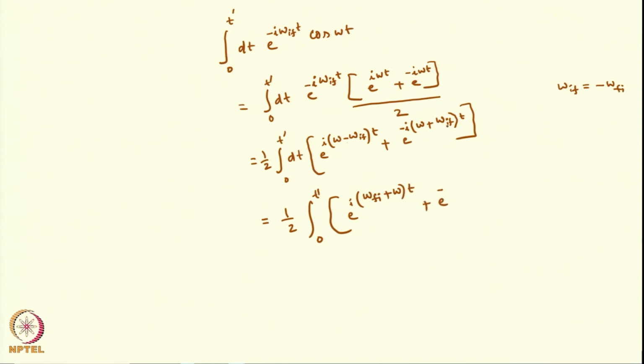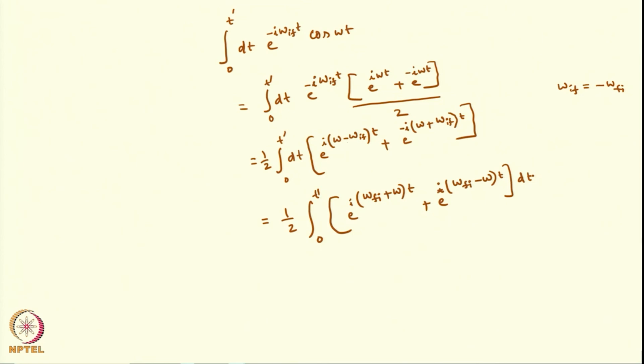Now this omega fi, if it becomes minus omega fi, I can take minus from outside, so it will become i into omega fi minus omega t. Okay. So I have these two equations now.